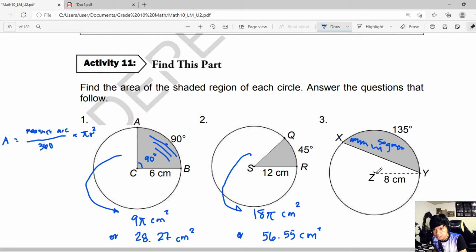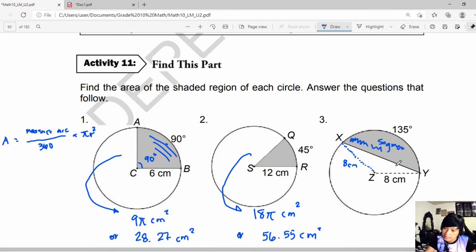So the given is our radius is 8 centimeter, and the measure of the arc is 135. Actually, you can extend here. Extend natin ito siya dito kasi radius man, so the same. So since this is 8 centimeter, the measure of this side of the triangle is also 8 centimeter.